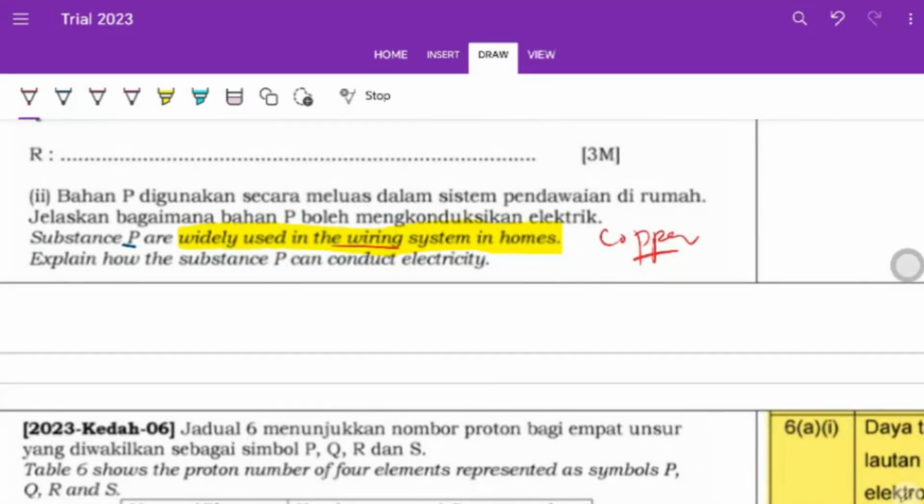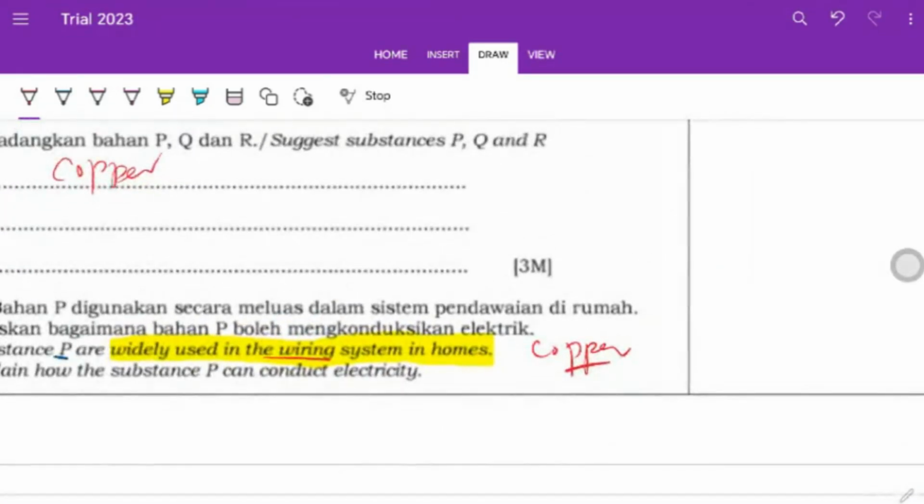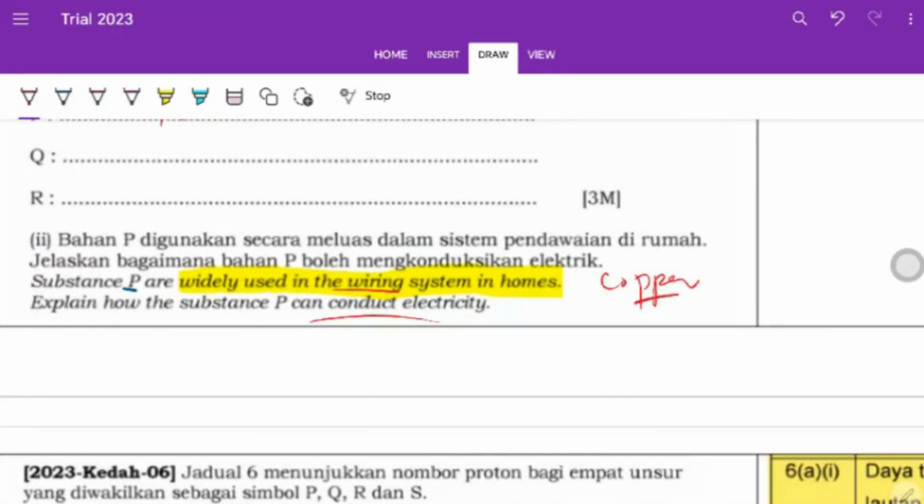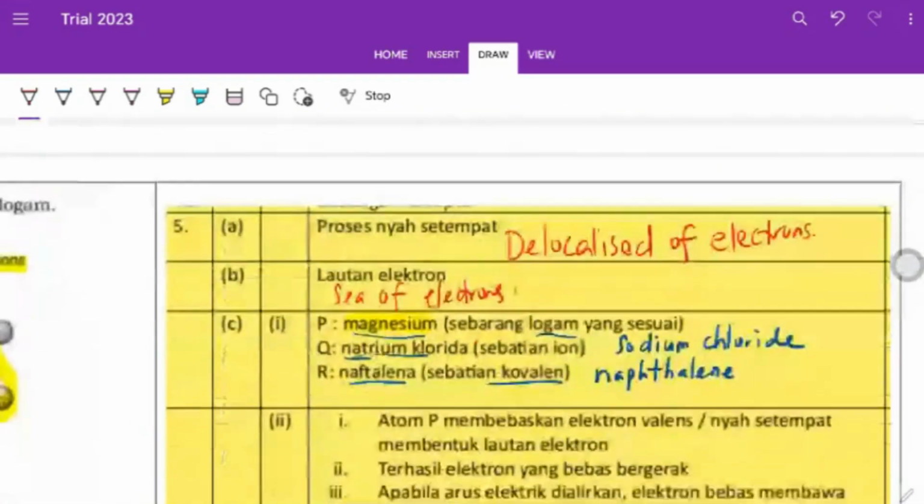Explain how the substance P can conduct electricity in the solid state. In other words, you just explain the formation of the metallic bond. You need to mention delocalized electrons.